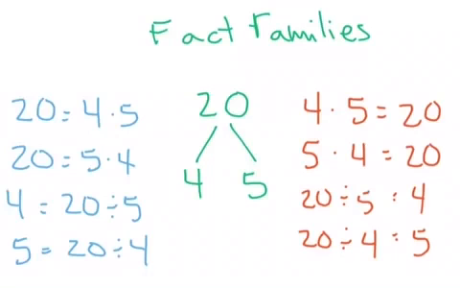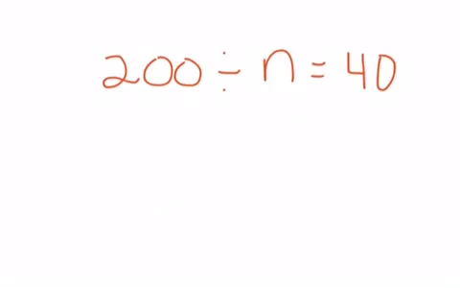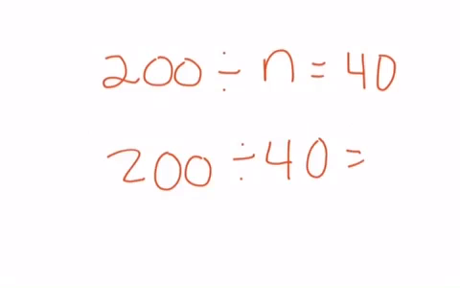If we're ever presented with a problem like this one, where it's 200 divided by n equals 40, I can use my fact family knowledge and understand that I could also think of this as 200 divided by 40 equals n.